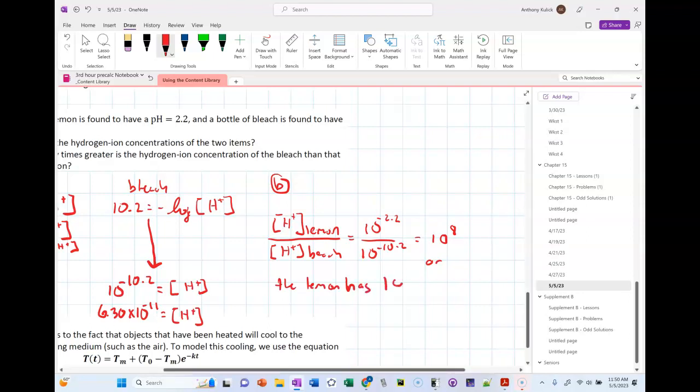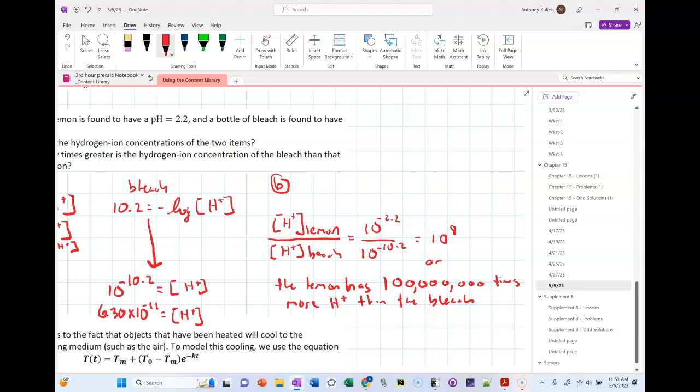So you have a 10 and then 8 zeros after it. So the lemon has 100 million times more hydrogen ions than the bleach.